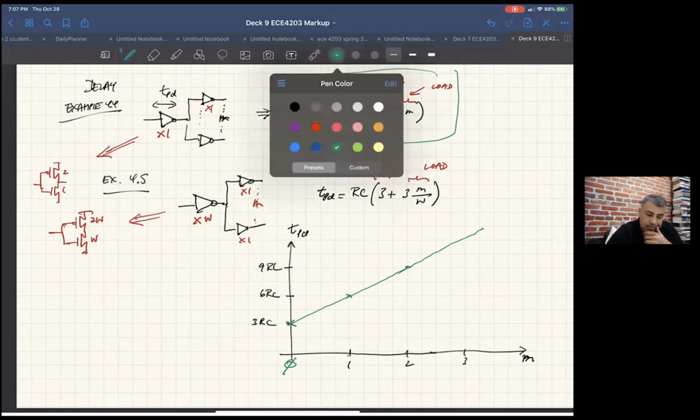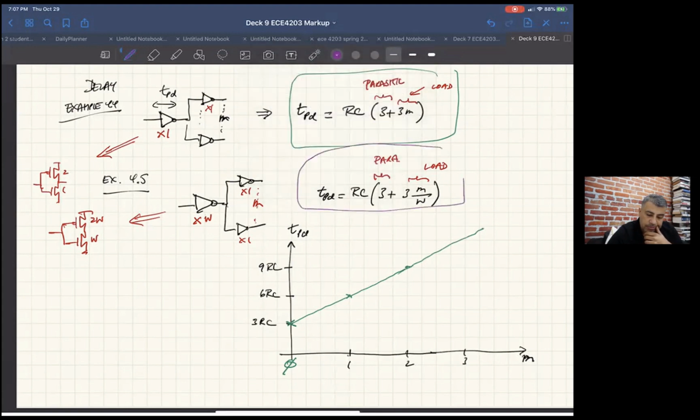Now let's plot this guy in the same plot. This is something that's W wider than the minimum size inverter. We said the parasitic delay ends up being the same, because when you make the devices wider, the resistance goes down, but the self-capacitances go up by the same ratio. So when M is equal to 0, it is also down at 3RC.